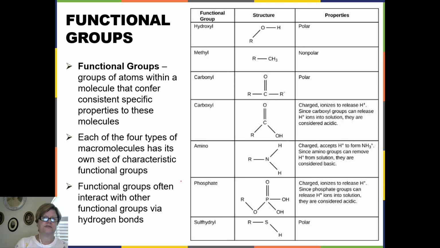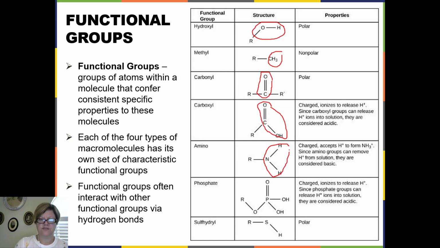Okay, functional groups. This thing you just have to memorize. I'm just going to be honest. You have to memorize this. These are little groups of atoms that are commonly seen in larger molecules such that they have names as a group.